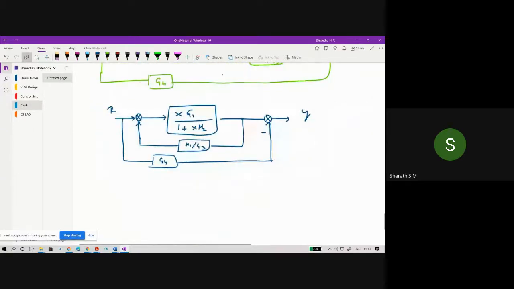And this one has a positive feedback. So now I'm going to call this y. So that is the feedback equation y divided by 1 minus y into h1 by g3.